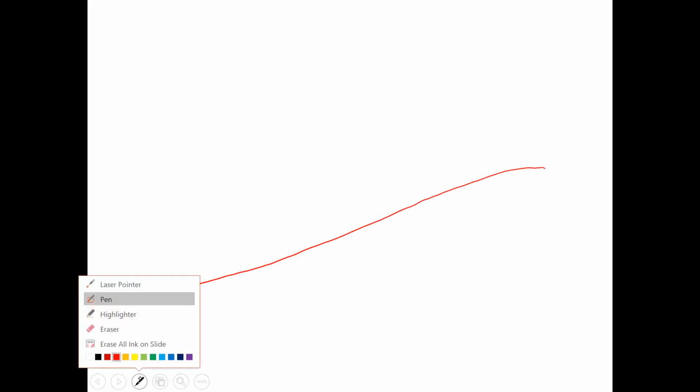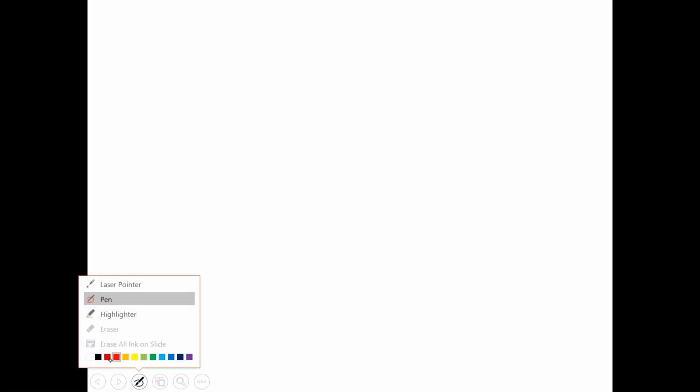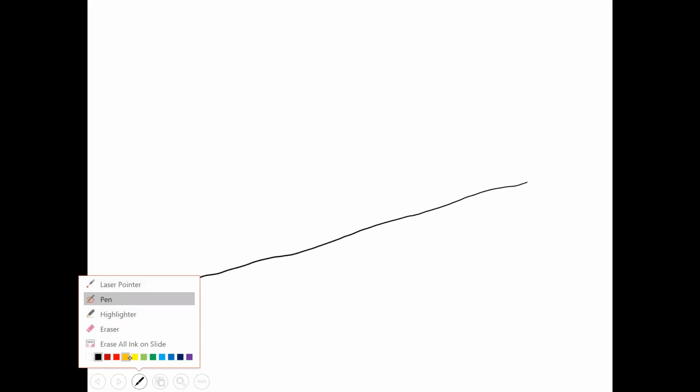So let's say that I'm going to draw a cross section. Let me get some black. So this is the surface, okay? And let's say that this is water, okay?